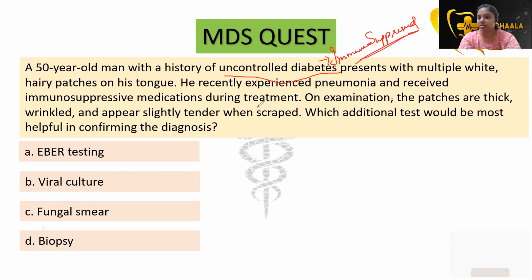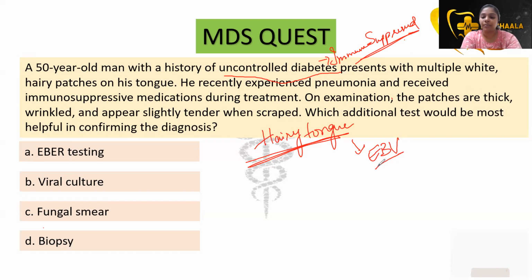Since the hairy patches are on the tongue, the diagnosis we are mostly seeing is hairy tongue. And since they have told us that the patient is already immune suppressed, immune suppression leads to the organism EBV. What is the confirmatory diagnosis that we can use here?